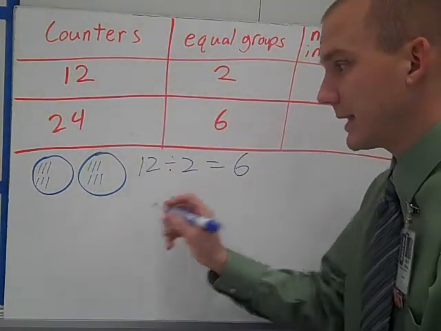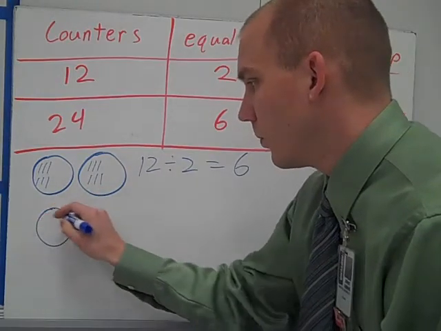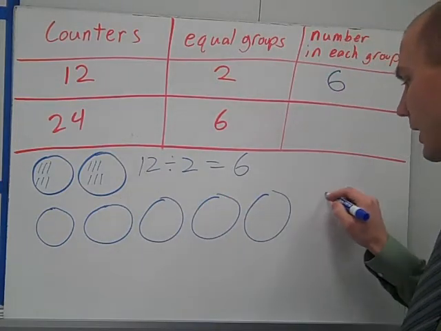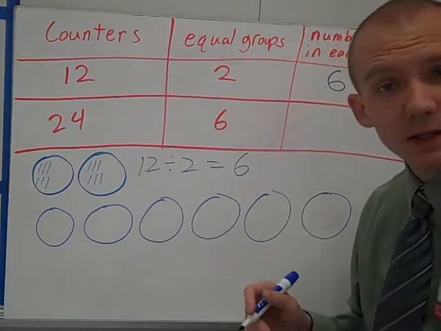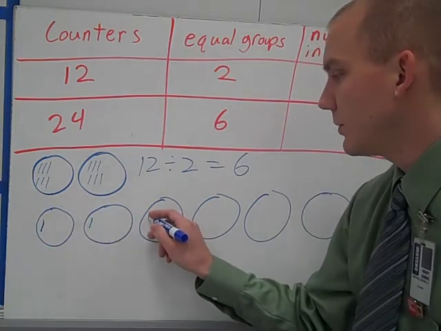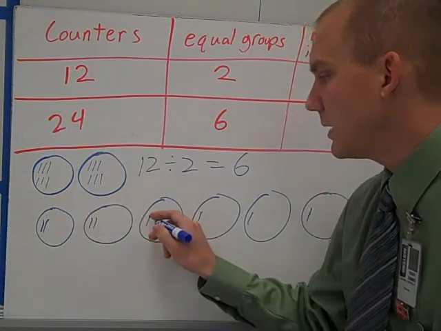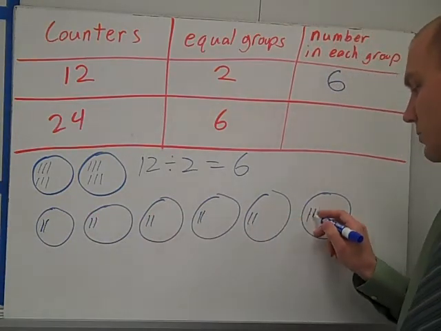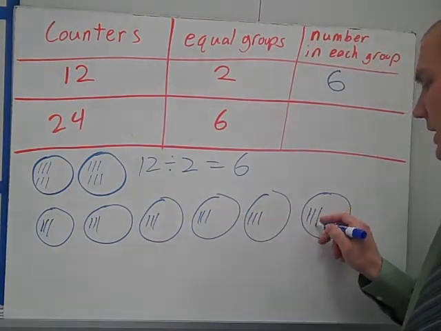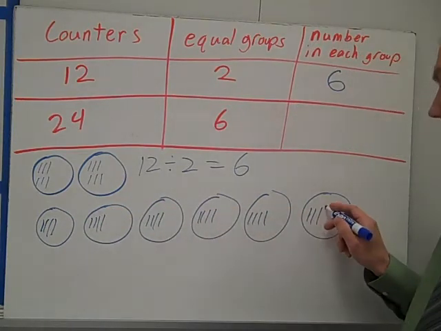24 divided by 6 now. So in this case, I'll need 6 groups. Now let's divide, or share, that 24 equally. 1, 2, 3, 4, 5, 6, 7, 8, 9, 10, 11, 12, 13, 14, 15, 16, 17, 18, 19, 20, 21, 22, 23, 24.